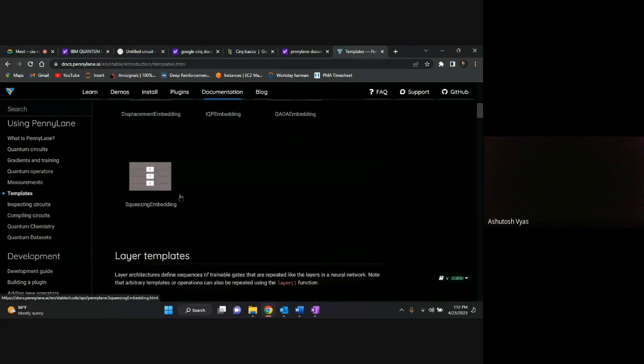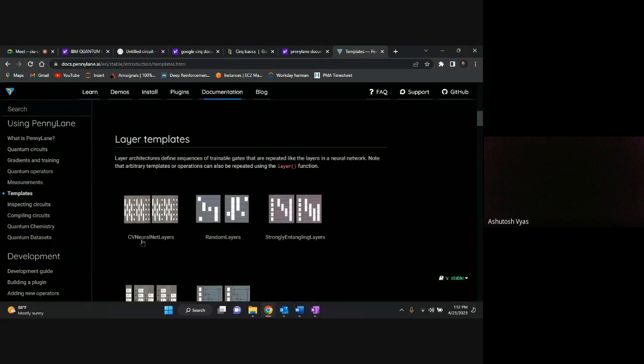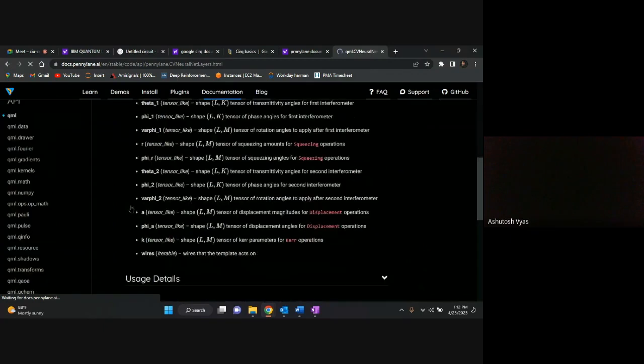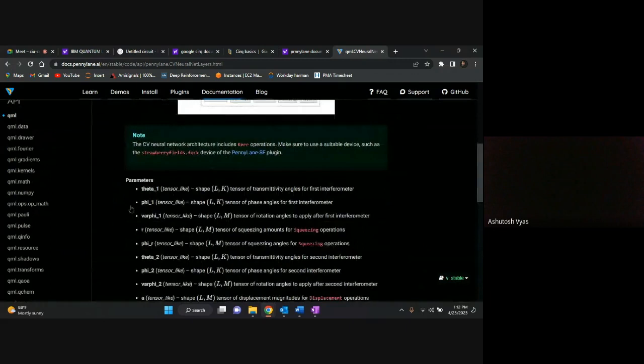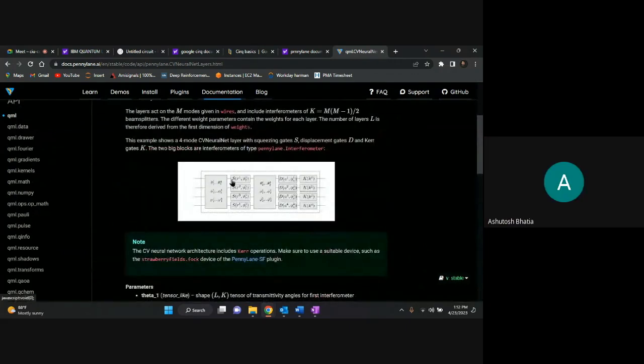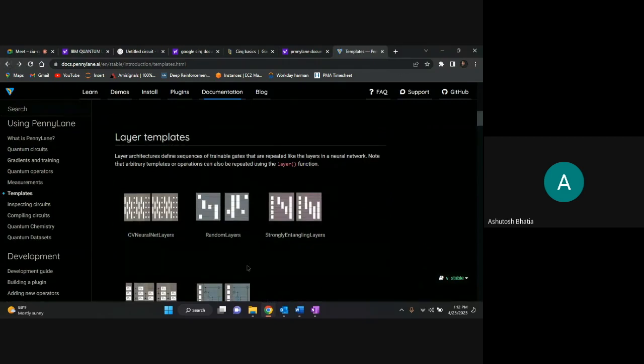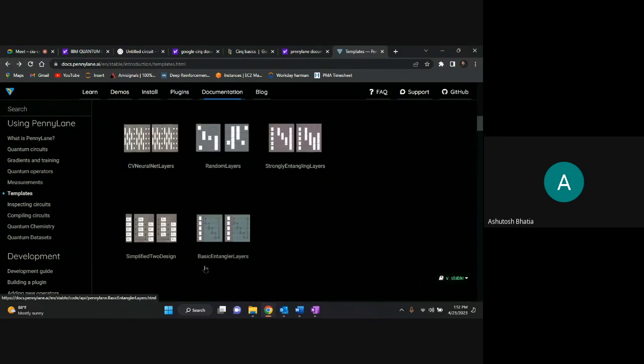A lot of these. These are predefined circuits. These are continuous variable templates. You can directly use them. They come with an entire design. Let's start with these example circuits with respect to neural networks, then adjust them, then train them, correct?